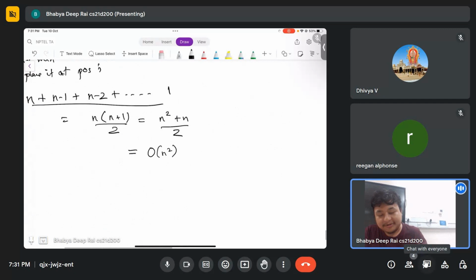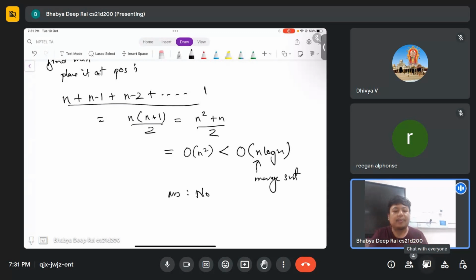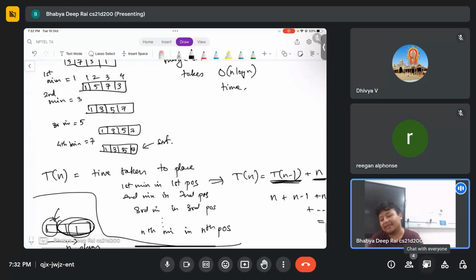Is it better than merge sort? That is the question. This is more than the time merge sort takes, which is n log n. And the answer is no, it is not better than merge sort. The algorithm that Murray came up with is not better than merge sort.